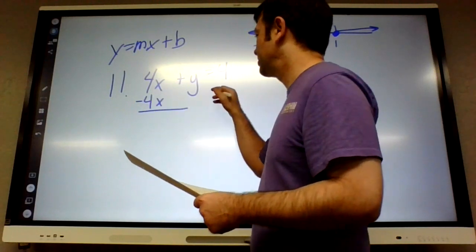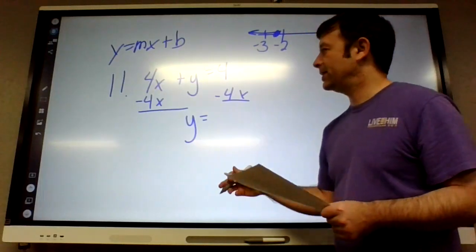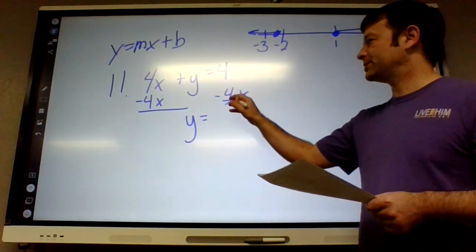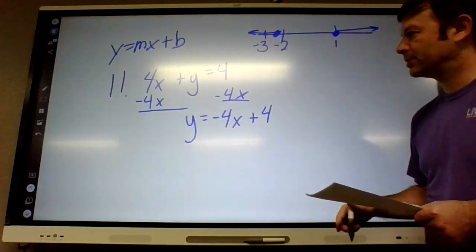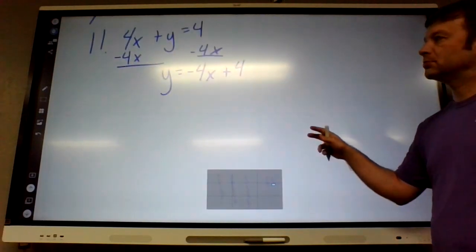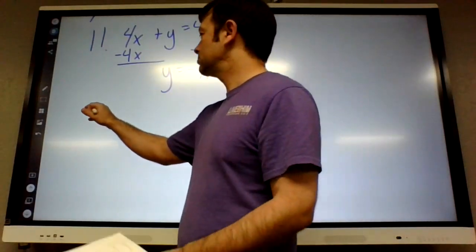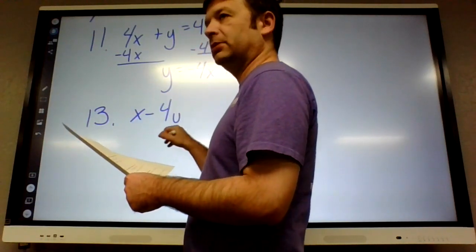Yeah. So y equals 4 minus 4x. But also you put minus 4x in front of the plus 4. Negative 4 is the M. Negative 4 is the slope. 4 is the y-intercept, but we're not graphing right now. We will later though.